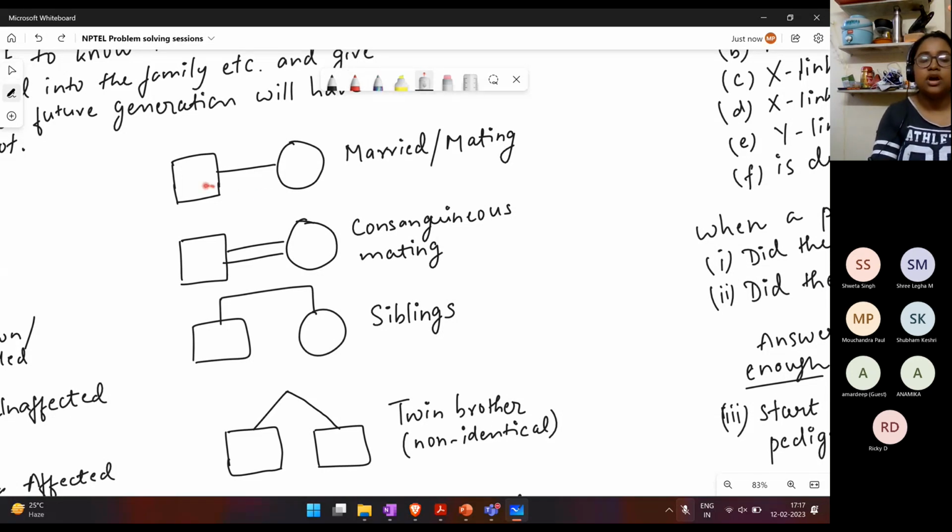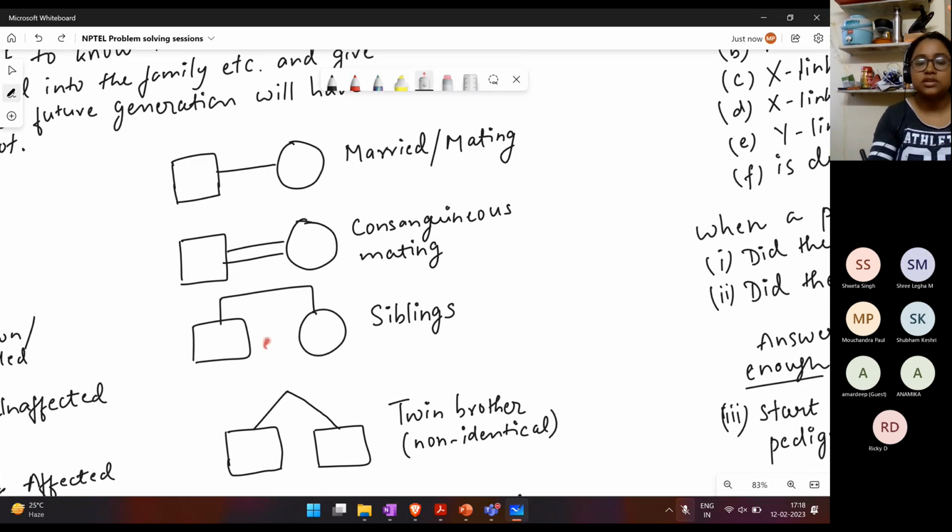In order to show how one individual is related to another, we draw lines to show that these two people are married or have mated. If these two persons are relatives, we draw two lines, meaning they were related somehow, like maybe they are cousins. This is called consanguineous mating.